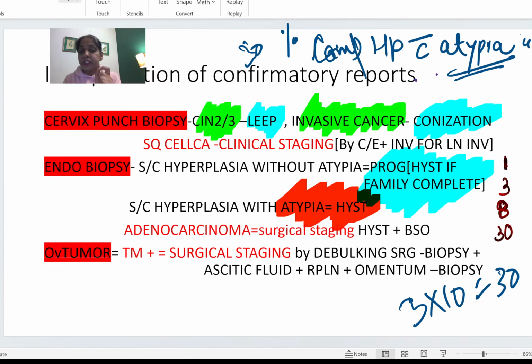And what is the surgery for the ovarian tumor? The surgery for the ovarian tumor is debulking surgery. The patient is a known case of cancer, so we also want to find its spread.